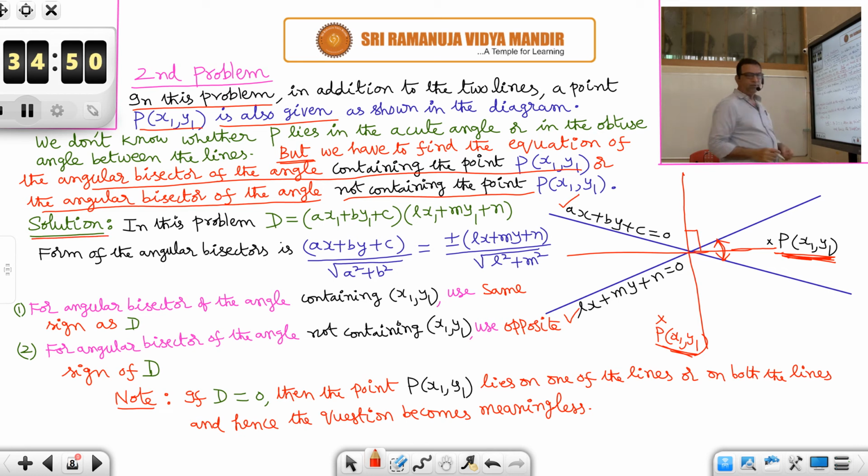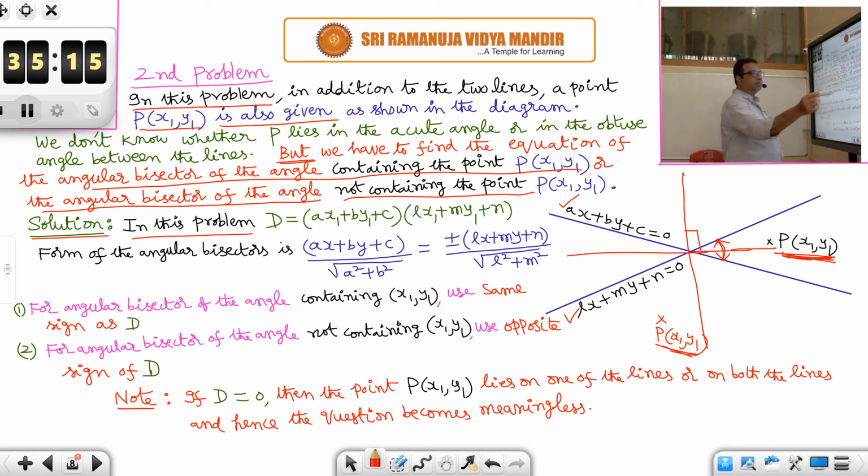I have told you in each problem there will be a discriminator. In the first problem, acute obtuse bisectors, the discriminator is AL plus BM. What is the discriminator in this problem? Let us see. In this problem, discriminator D is simply (AX1 plus BY1 plus C) into (LX1 plus MY1 plus N).